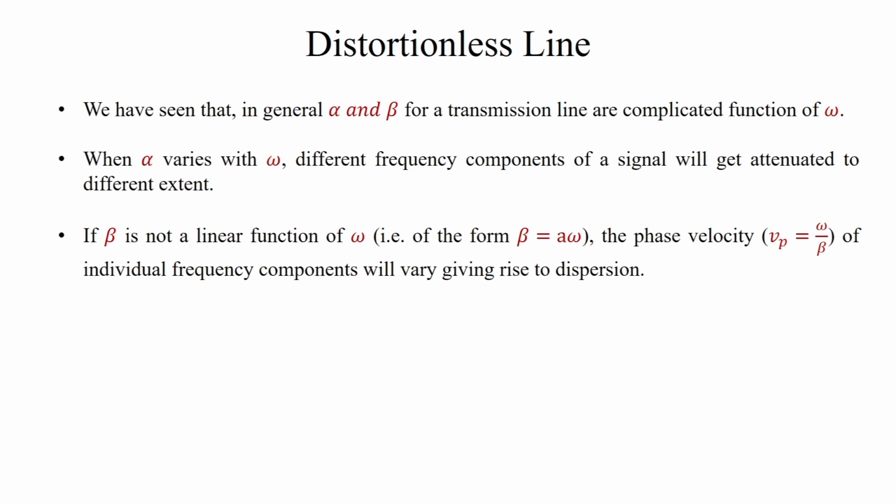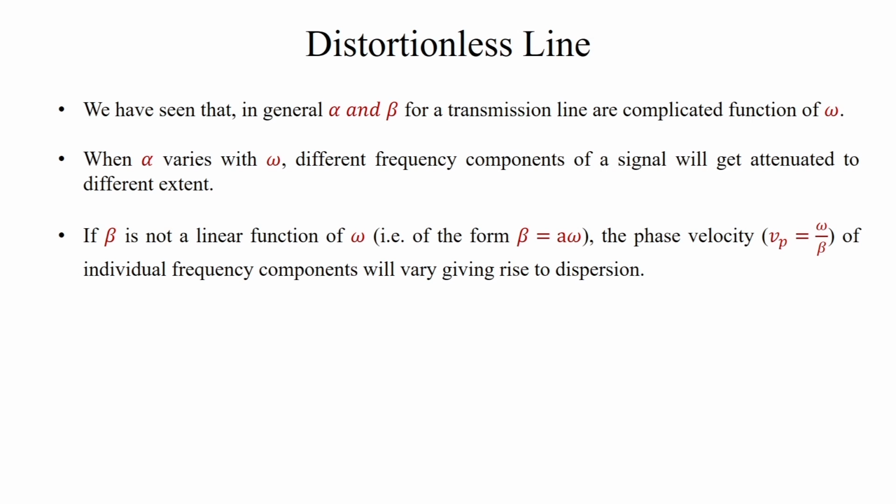Similarly, if beta is not a linear function of omega, that is, of this form beta is equal to some a omega, the phase velocity V p, which is given by omega by beta, of the individual frequency components will vary, giving rise to dispersion.